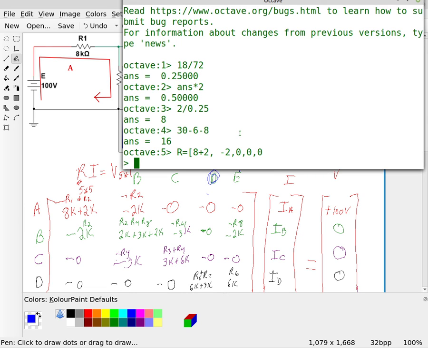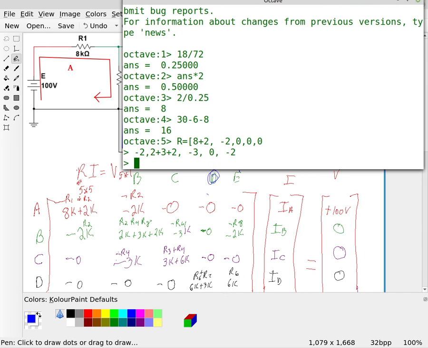And so that's going to be the minus 2. And then we have 2 plus 3 plus 2. Then we have a minus 3, a 0, and a minus 2. And then we have the C row.